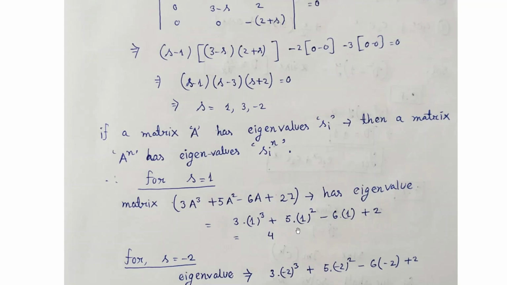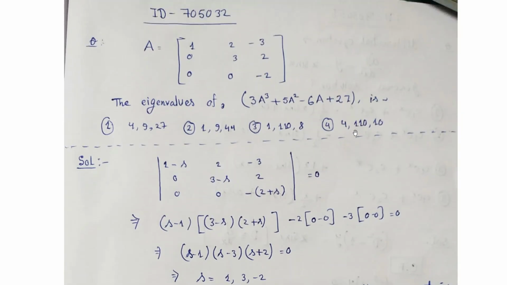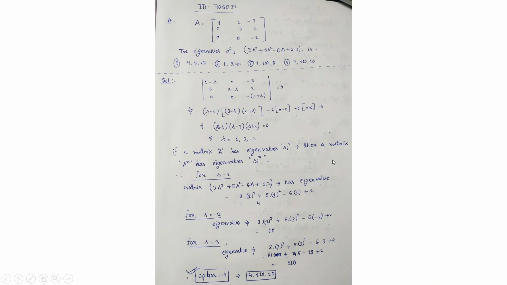So 3 into 1 cube plus 5 into 1 square minus 6 into 1 plus 2. The identity matrix has eigenvalue 1. So this is 4. Similarly, you can find it for minus 2, where in terms of A you put minus 2, and similarly for 3, you put 3. So the correct option will be the one with 4, 110 and 10. Option 4 will be the correct option for this question.